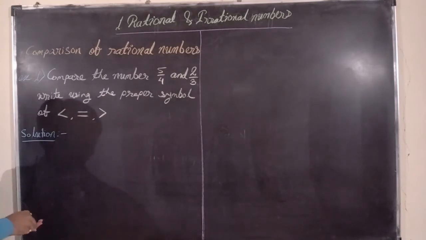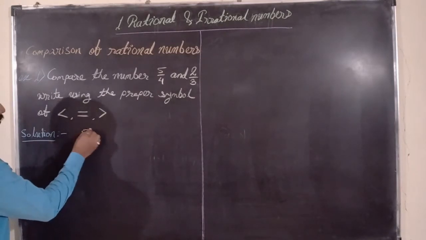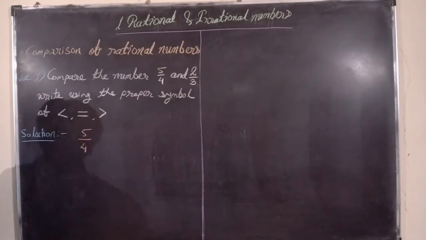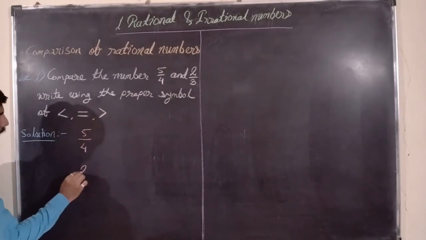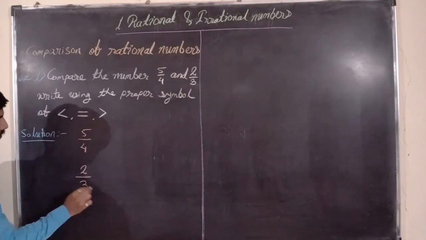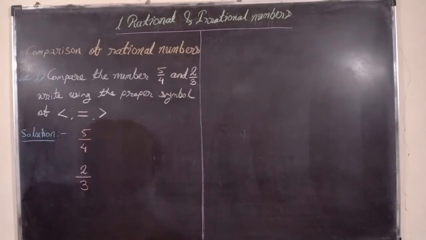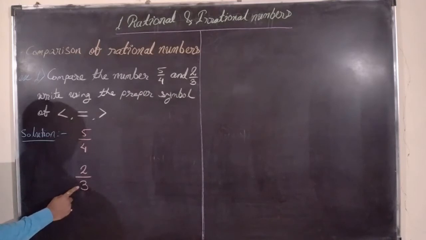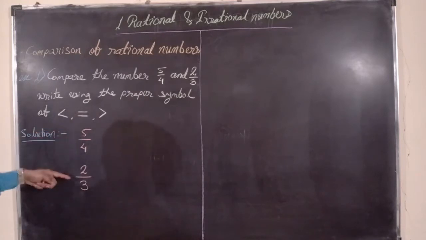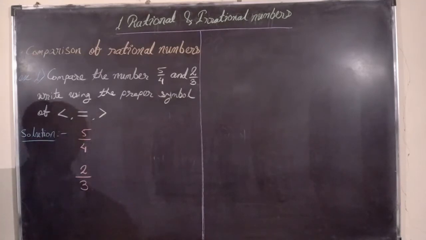The first number is 5 by 4 and the other number is 2 by 3. We cannot compare these two numbers as the denominator is not the same. But we can compare these numbers by making the denominator the same, or by finding the LCM.